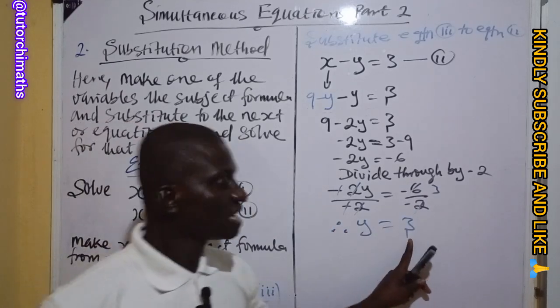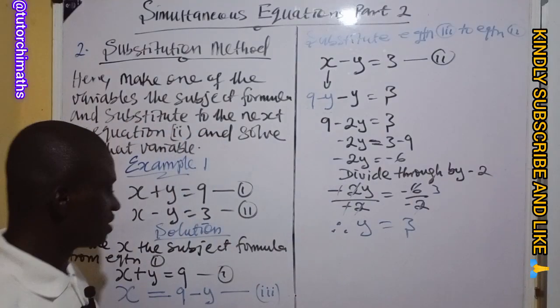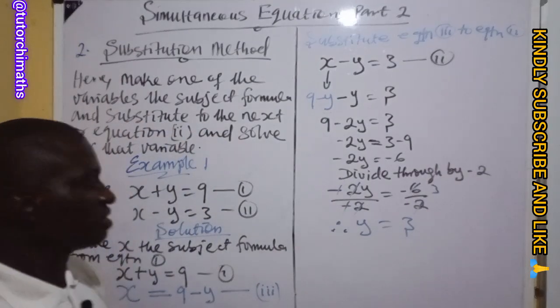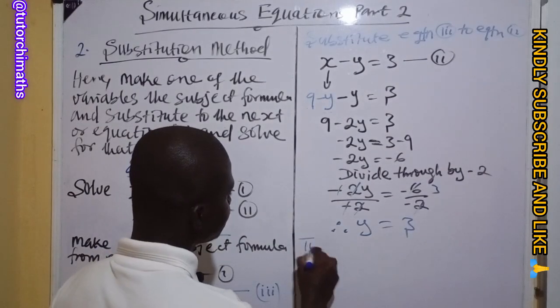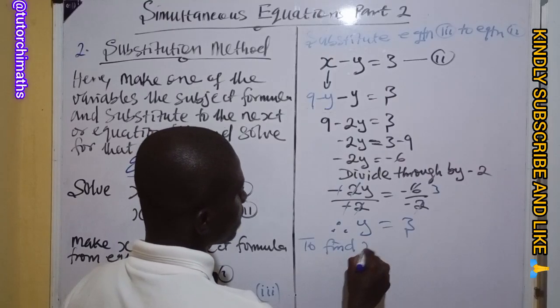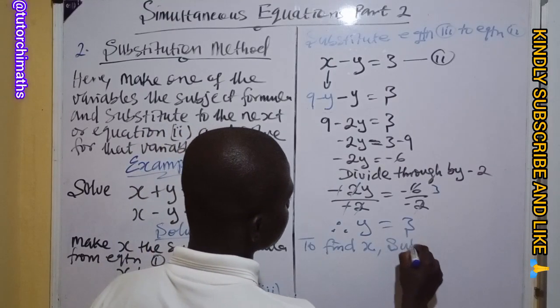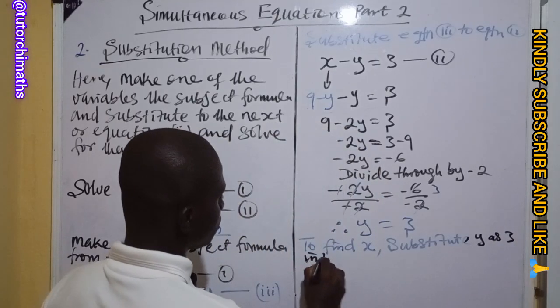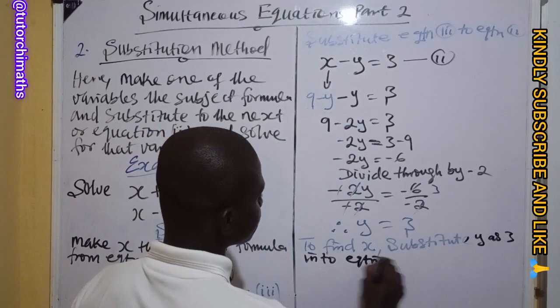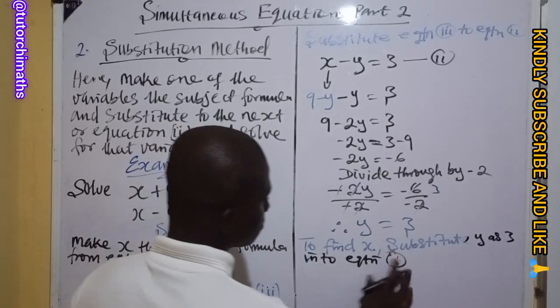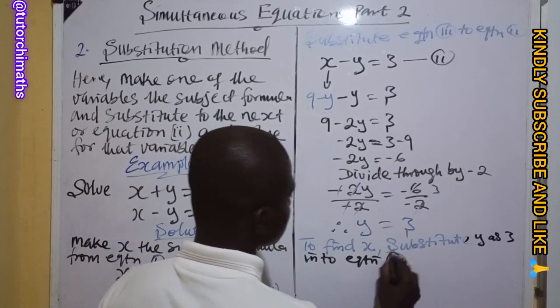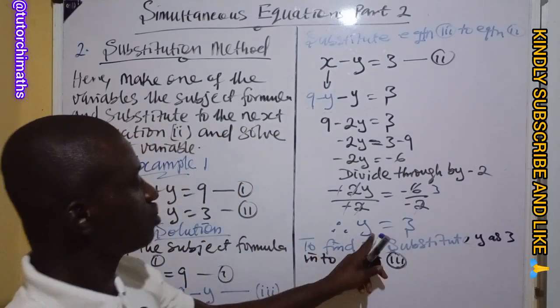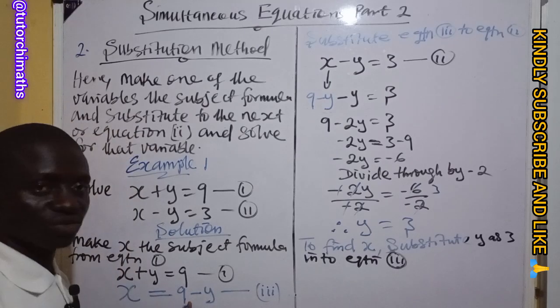Now, put back this y into our equation 3 to find x. You now have to find x, so substitute y as 3 into equation 3. Good. So put y as 3 into this equation to find x.